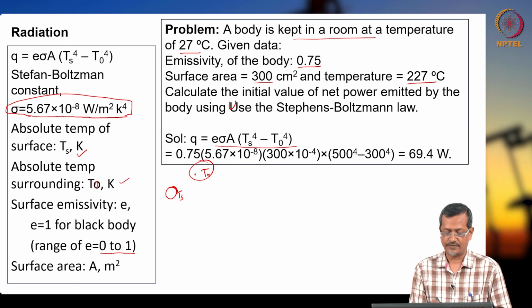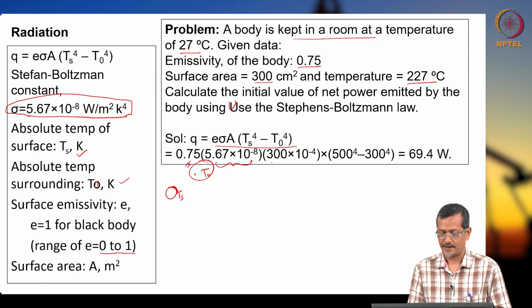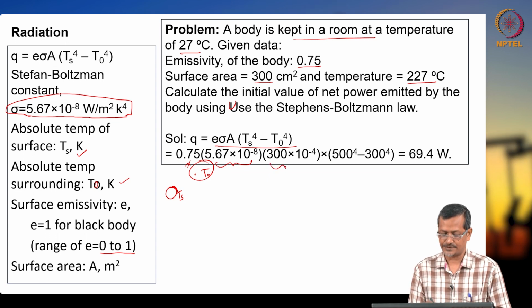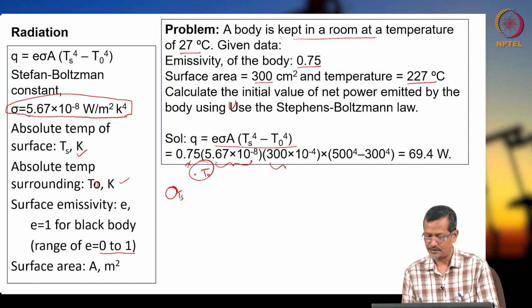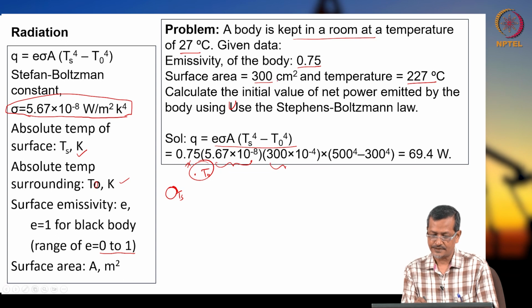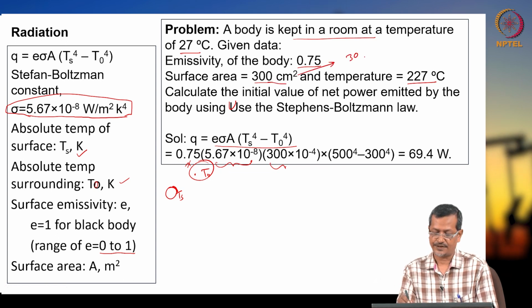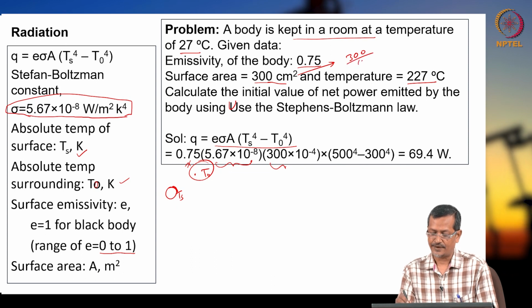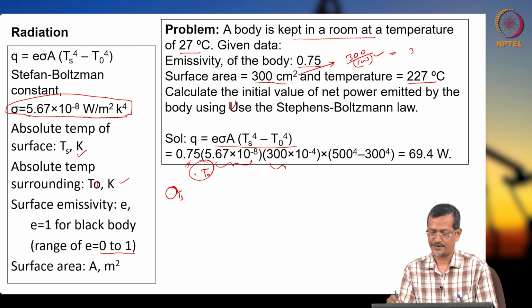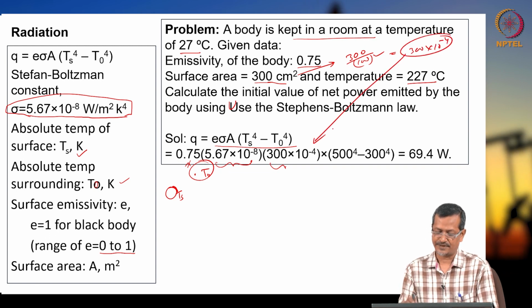E value is given as 0.75, the sigma value is given, and the area is 300 square centimeter. Area is in centimeter, so you have to convert it into meter: 300 divided by 100 power square. So it becomes 300 into 10 power minus 4.